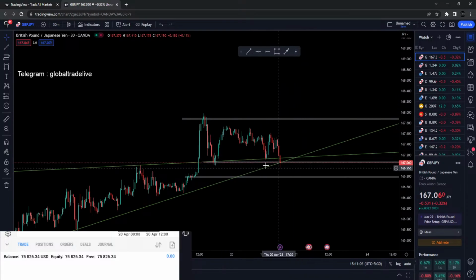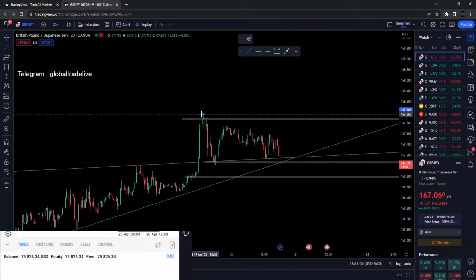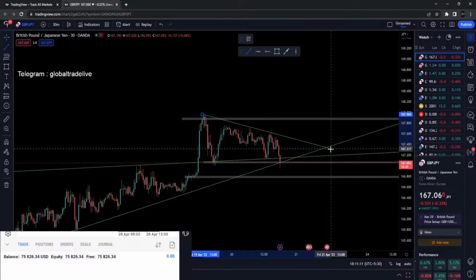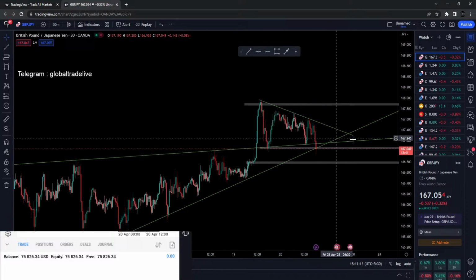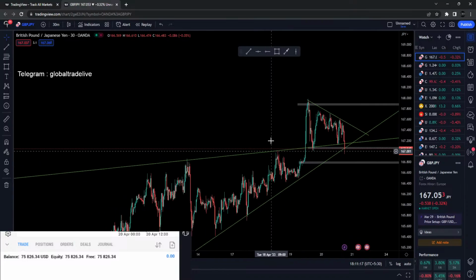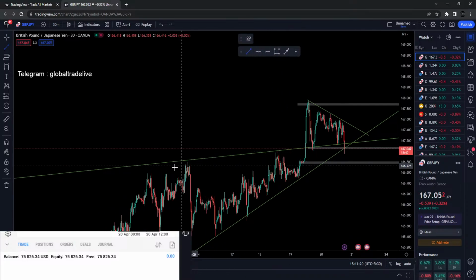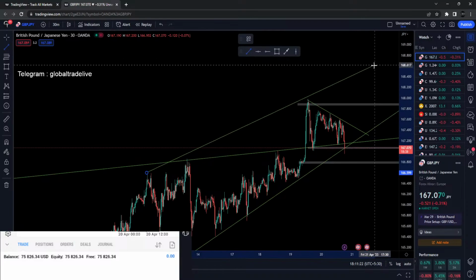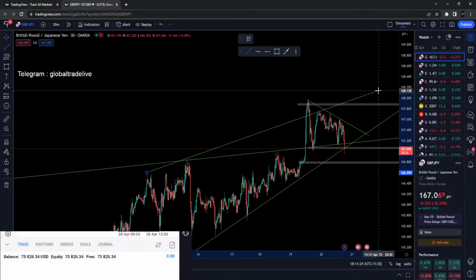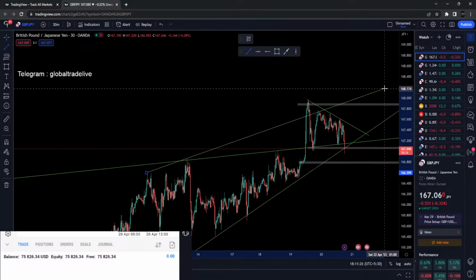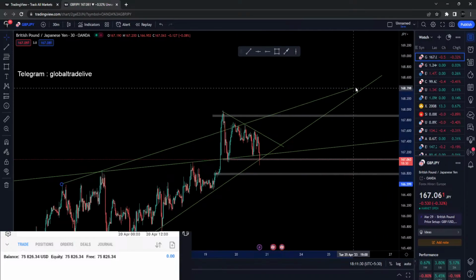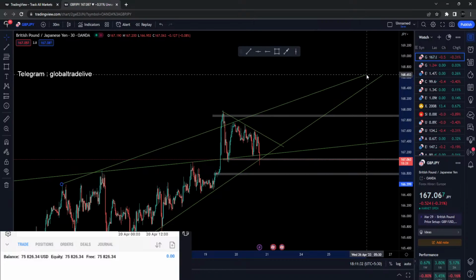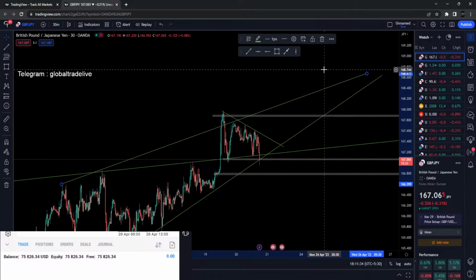Okay, so now we have this trend line over here, then we have this trend line over here, and then we have, let me just draw, okay, this one over here.